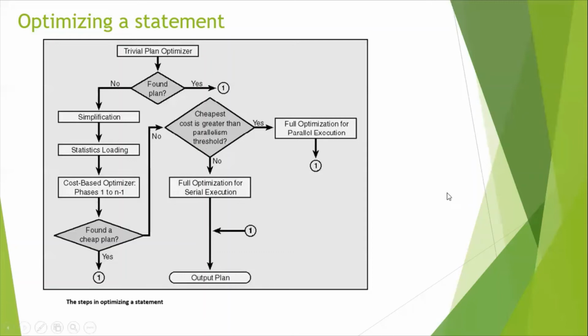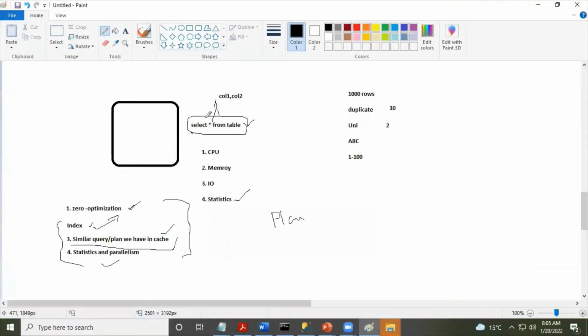Yeah, Chandu, what do you mean by trivial plans? Trivial plan, I told you. If it is a simple select statement, we call it a trivial execution, trivial plan. We don't have any optimization levels.